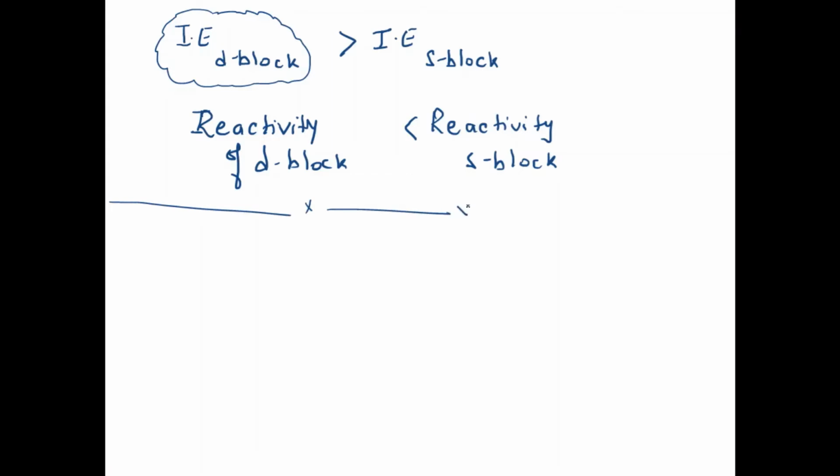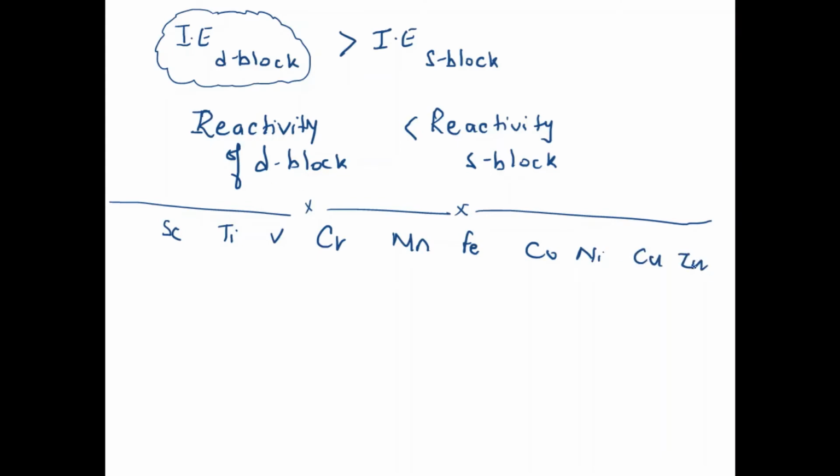One simple and basic topic which I shall do with you right now. We know the 3d series, I gave you an abbreviation earlier also: Sc, Ti, V, Cr, Mn, Fe, Co, Ni, Cu, Zn, atomic numbers 21 to 30. This is the 3d transition series.